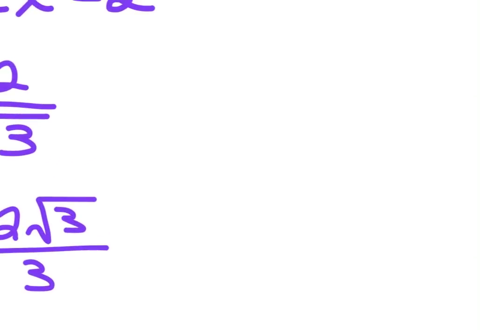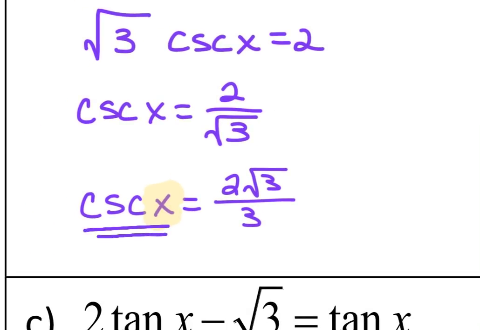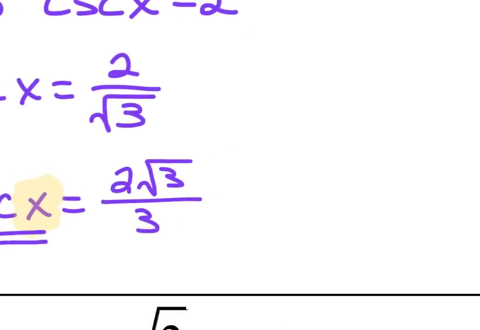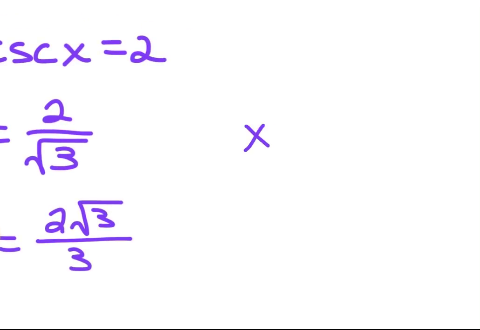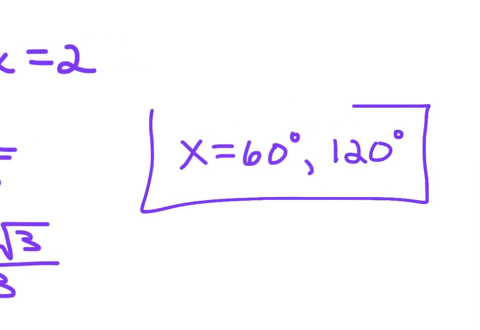And so for your answer, remember cosecant is like sine, so it's going to be positive in the first and the second quadrants. And so your answer is going to be 60 and 120 degrees. And you have to give me both of those angles.